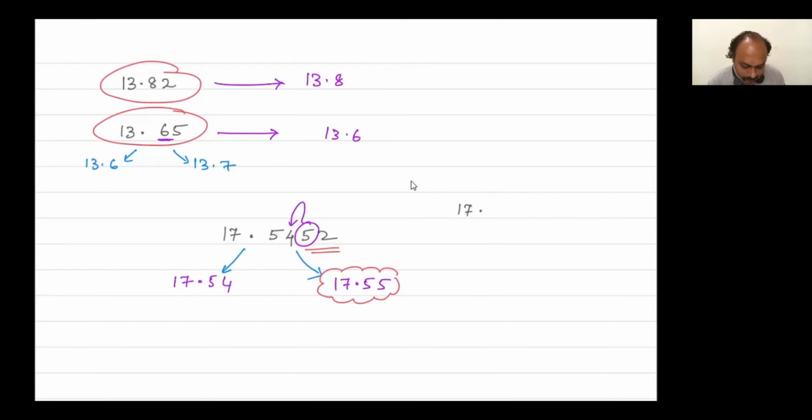Whereas if you have, let's say, 17.335 and you want to round it off to 2 decimal places, here you will round this off to 17.34. You will apply the rule because 17.335 is equidistant to 17.33 and 17.34.